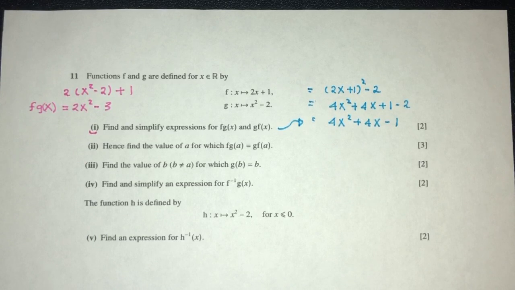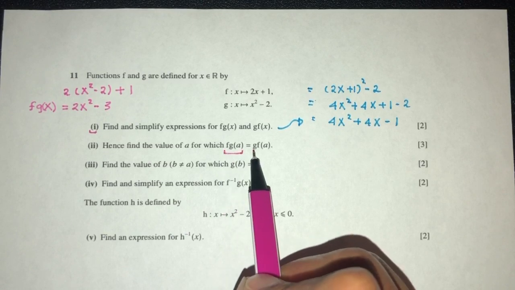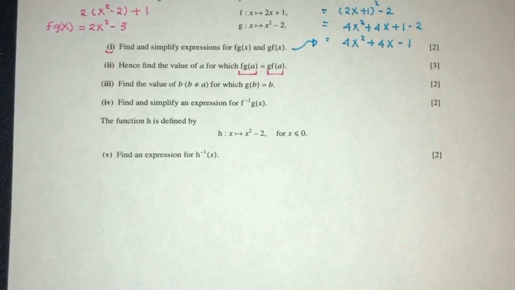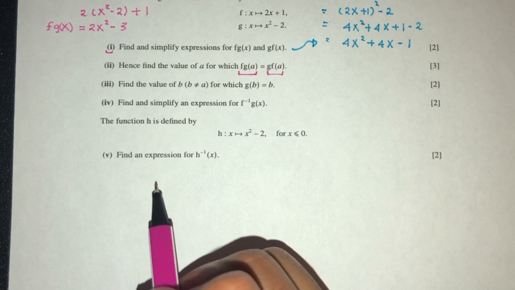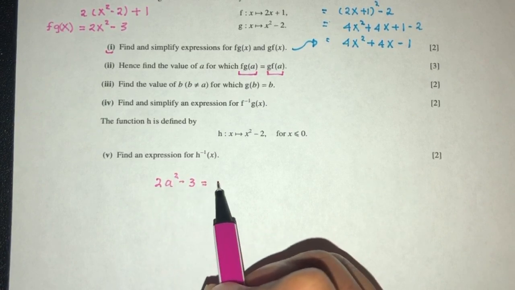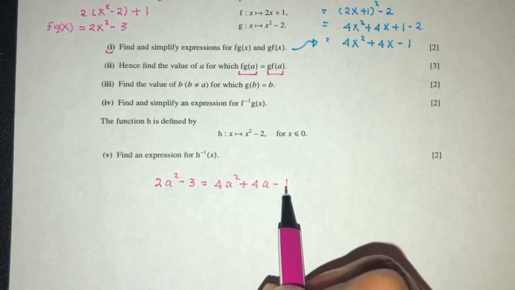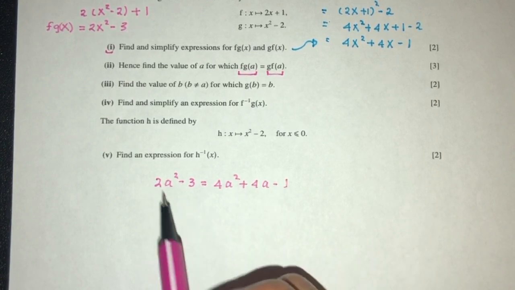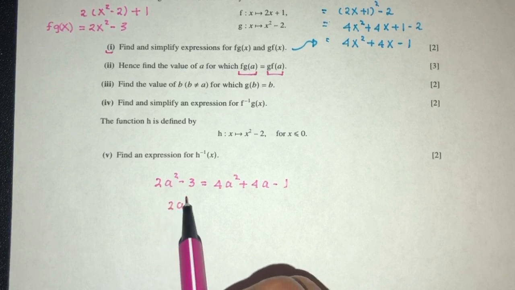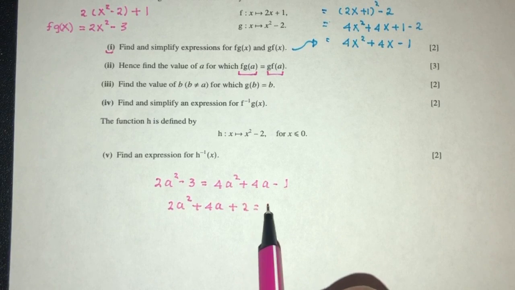Now part 2, hence means using that value, find the value of a for which this is equal to this. So let's solve. The left hand side will be this one, 2a squared minus 3 is equal to 4a squared plus 4a minus 1. Send everything to one side, you will have 2a squared plus 4a plus 2 equal to 0.